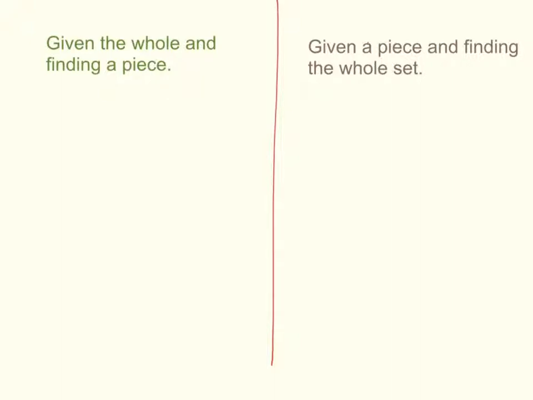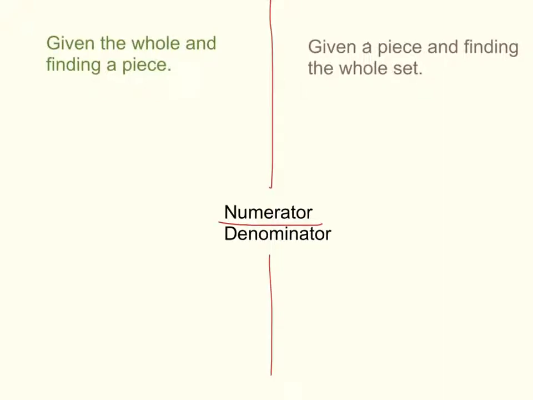And once we realize it's one of these two types of problems, we are able to more easily and more efficiently solve these problems. We're always going to have a numerator and we're always going to have a denominator. And they're actually always going to represent the same part of the problem.